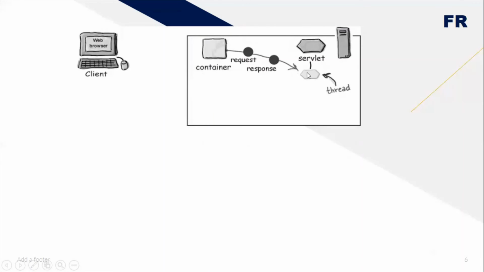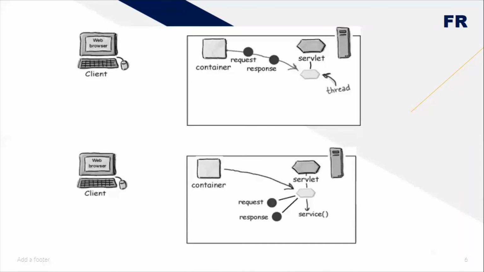This is the servlet thread. There is another step. The container calls the servlet service method. Depending on the type of request, the service method calls either the doGet or the doPost method.